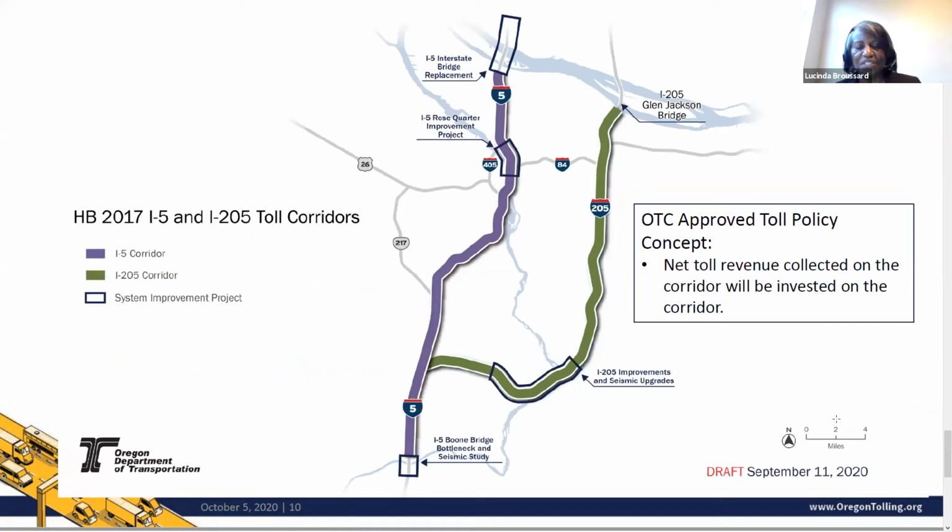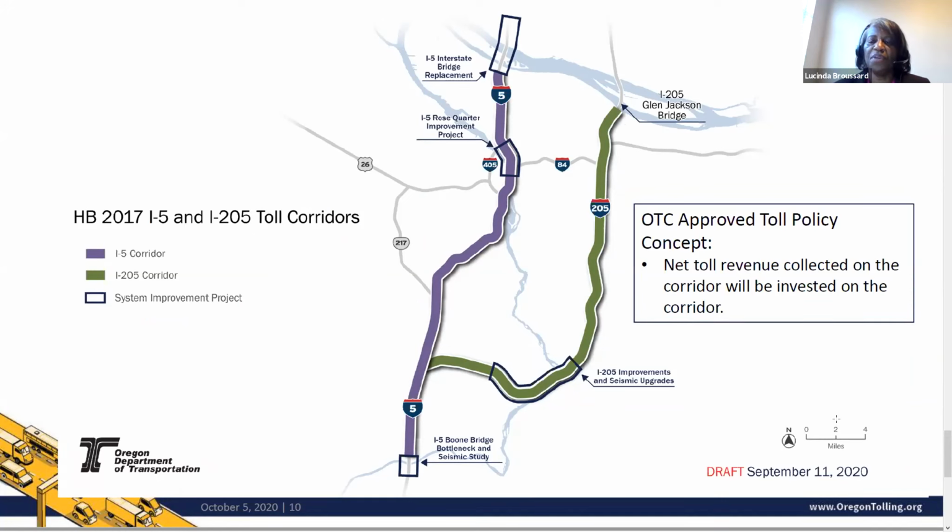I think Brendan mentioned this, or I think Hal might have asked a question about this. So this was the policy that the OTC set. After going out and talking to a lot of you, I heard that revenue should stay on the corridor or should stay on the project. I think it started as project, it ended as corridor, but the revenues that are collected there get invested there. OTC did approve that, so we do now have that.